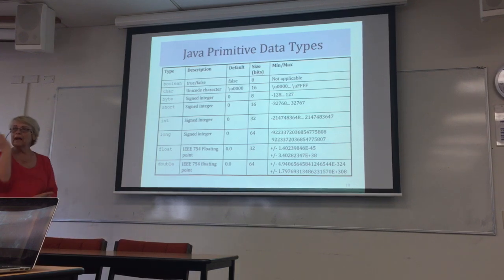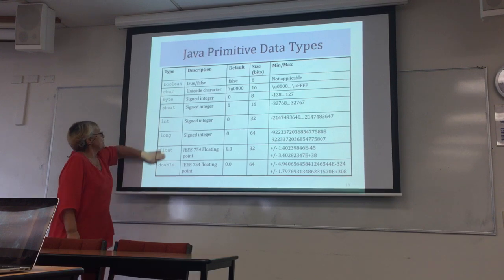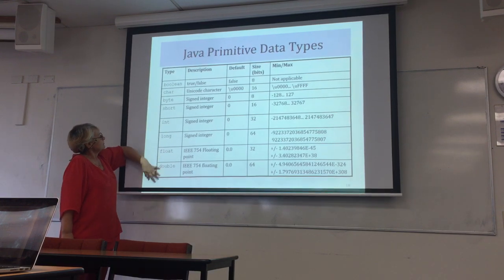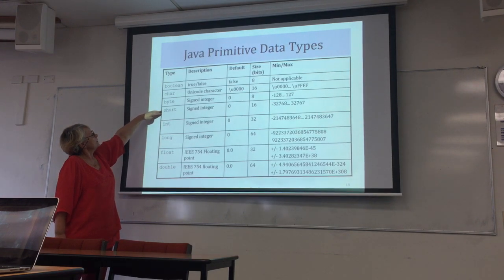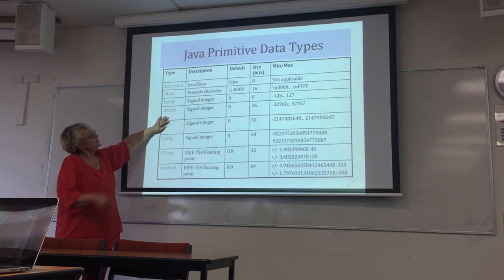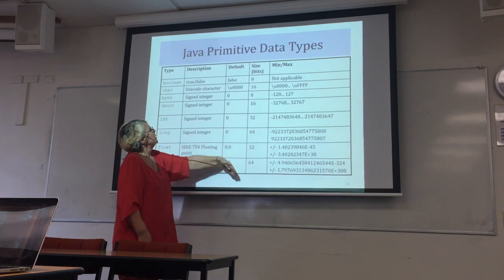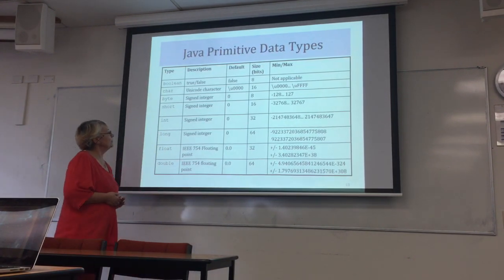But in Java, the language insists on this fixed range. So these are primitive types. Boolean, character, byte, short. Size in bits fixed, default values. Everything comes with default values.